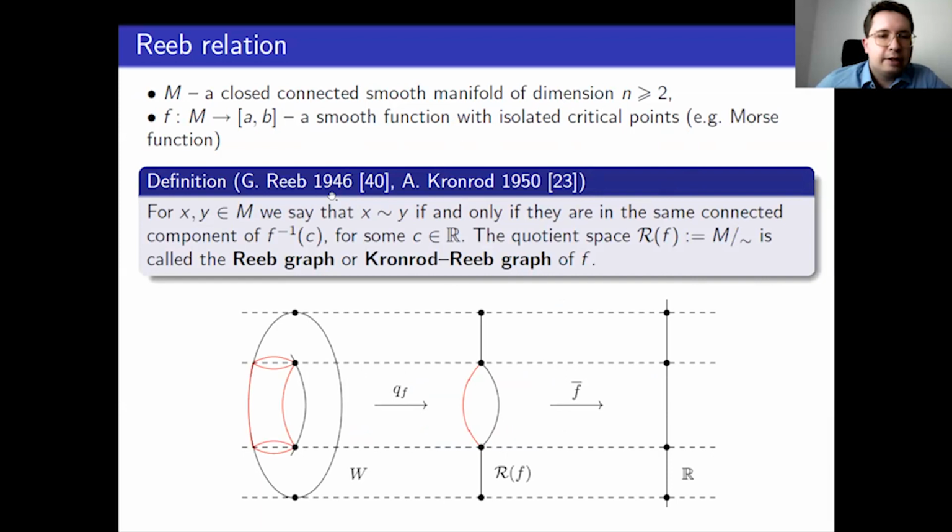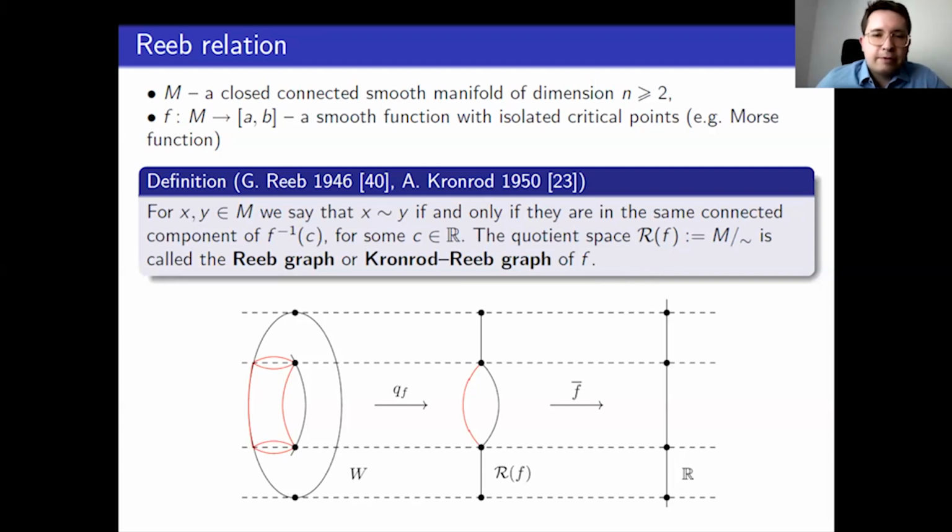In 1946, the French mathematician Georges Reeb and later also Alexandre Kronrod introduced the relation whose equivalence classes are connected components of the level sets of the function. The obtained quotient space we denote by R of f, and it is called the Reeb graph or Kronrod-Reeb graph of a function.